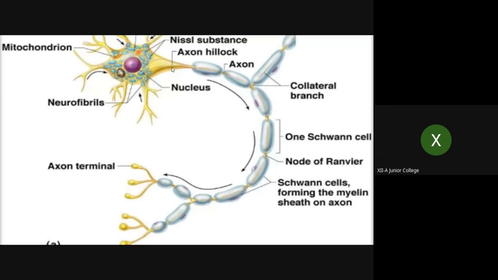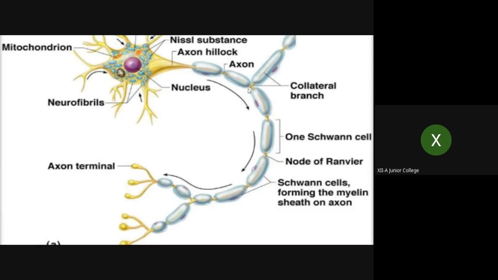Okay, so these are the Nissl's granules and these are called neurofibrils, and this extended part is called the axon hillock. Just now I was telling you from where the extension starts, the very entry from where it starts, that is called the axon hillock. Okay, and if you see the direction, see the neuron from the axon, it is coming this way. This is the collateral branch which is showing the branch of this axon, and the information is carried.